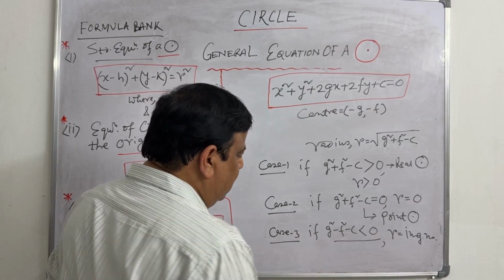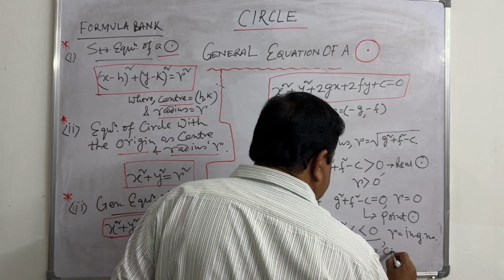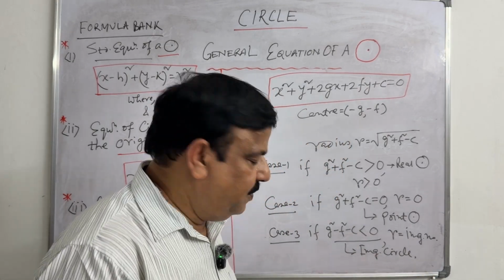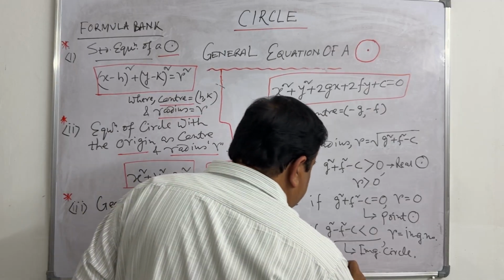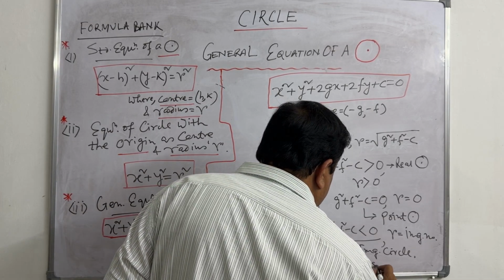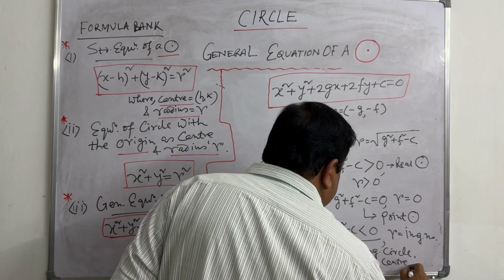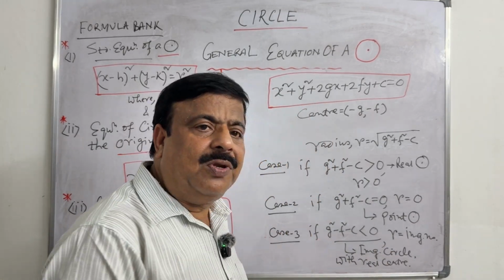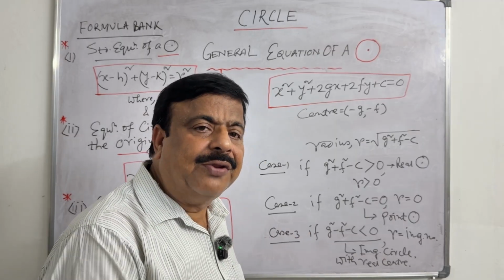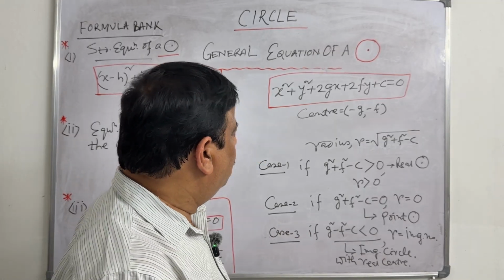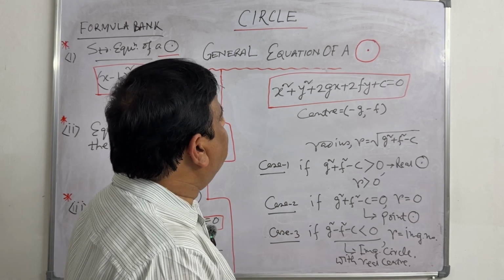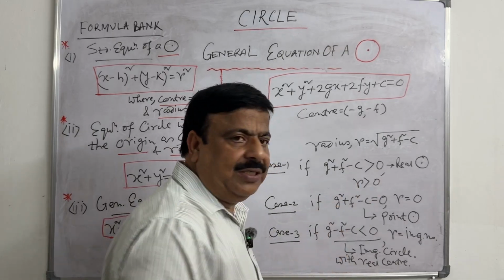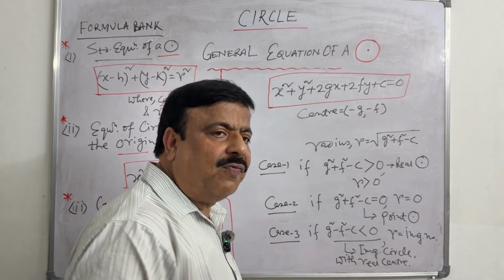For case 3, it will be called an imaginary circle with real center. It is not possible to draw in the real field. So this is a simple analysis with the value of g square plus f square minus c. We can get different forms of circle.